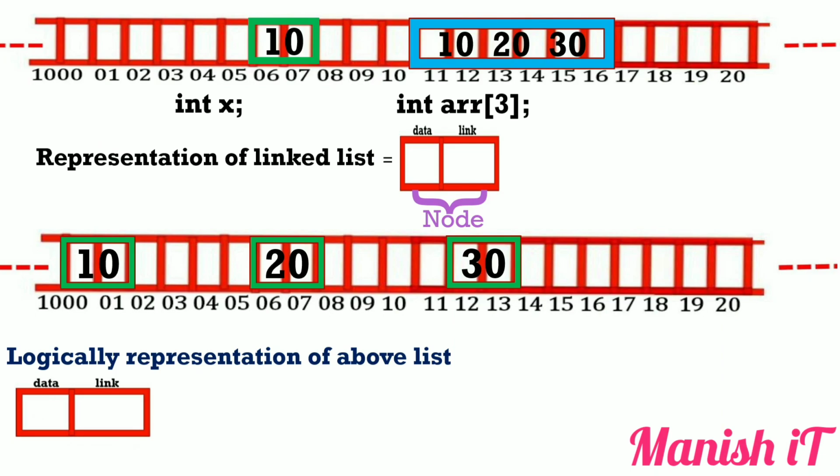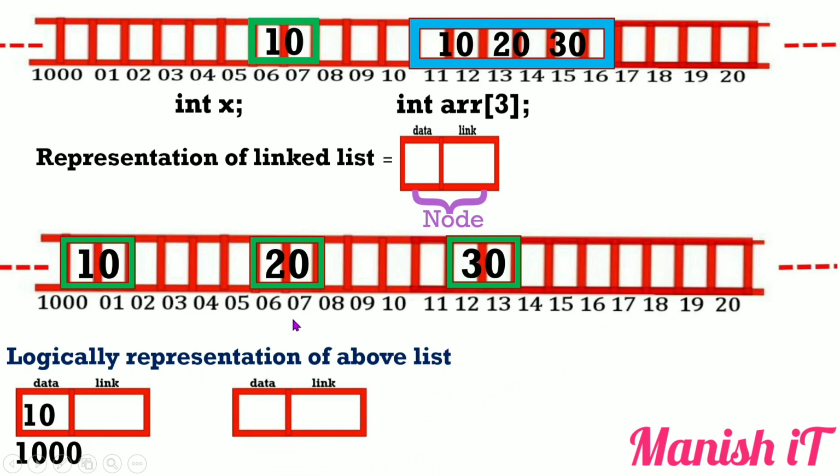Suppose the user has entered 10, so we store 10 and its respective address is 1000. Next 20, so logically we enter 20 and its respective address 1006.